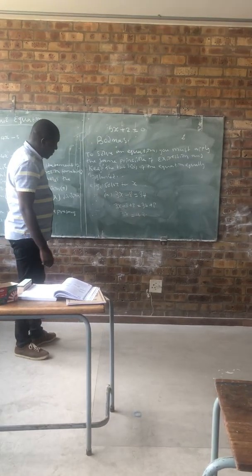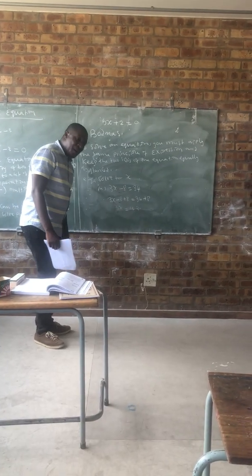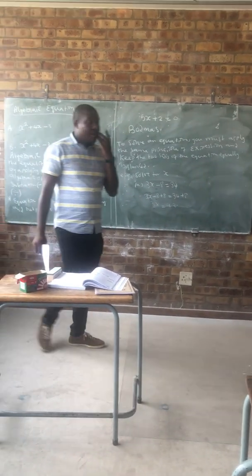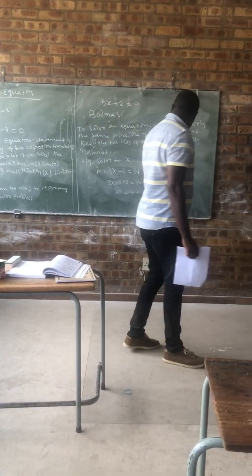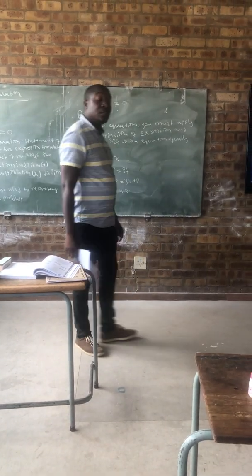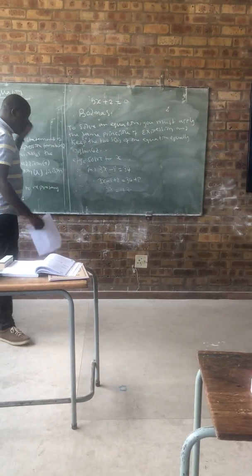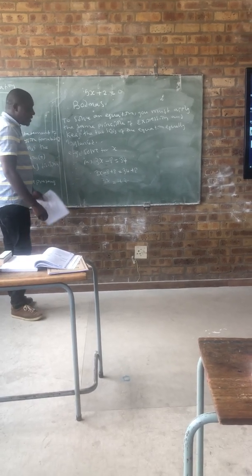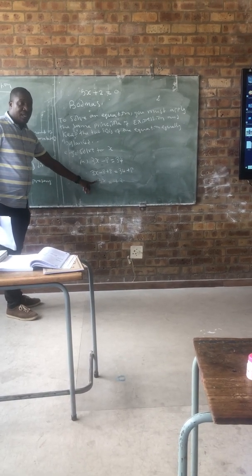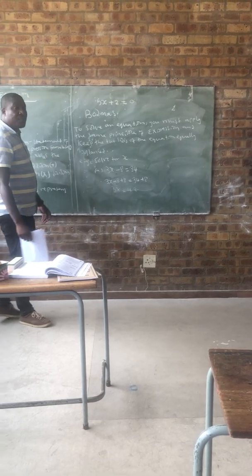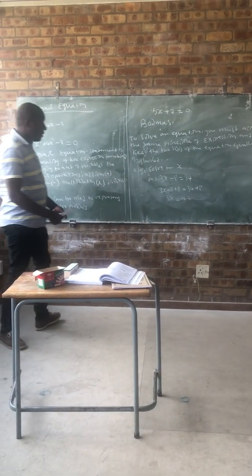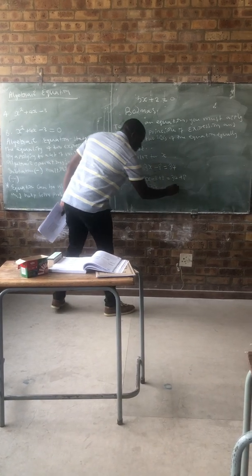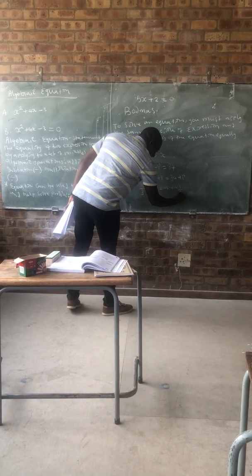And now, since we are looking for x, we must multiply both sides by 1 over 3, which is the multiplicative inverse of 3.